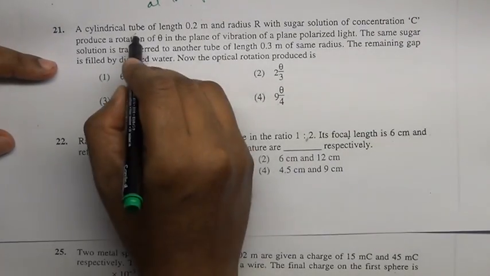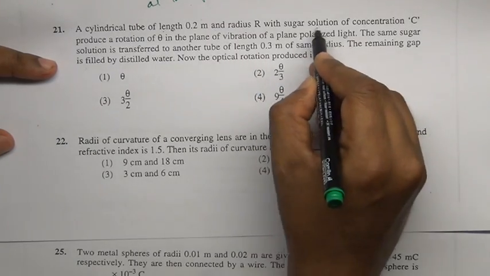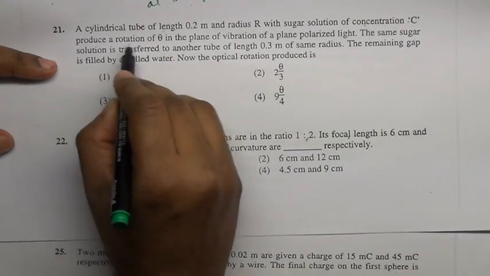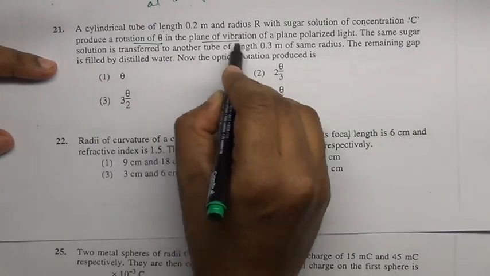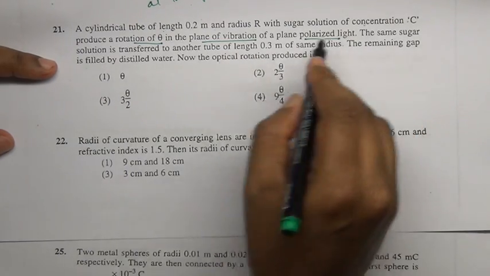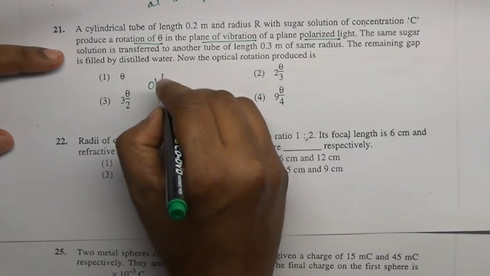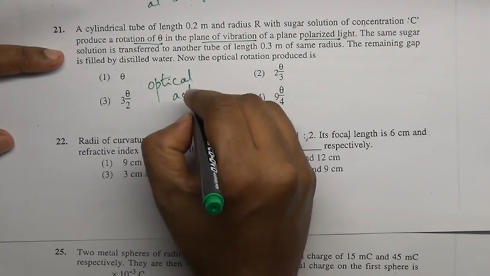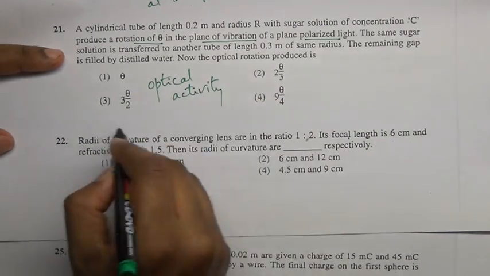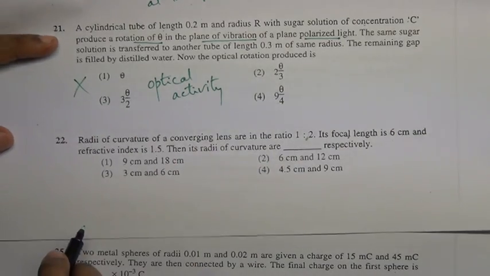A cylindrical tube of length, radius, sugar solution, concentration produces rotation of plane of vibration, polarization. This comes under optical activity. This is also not there in your syllabus.